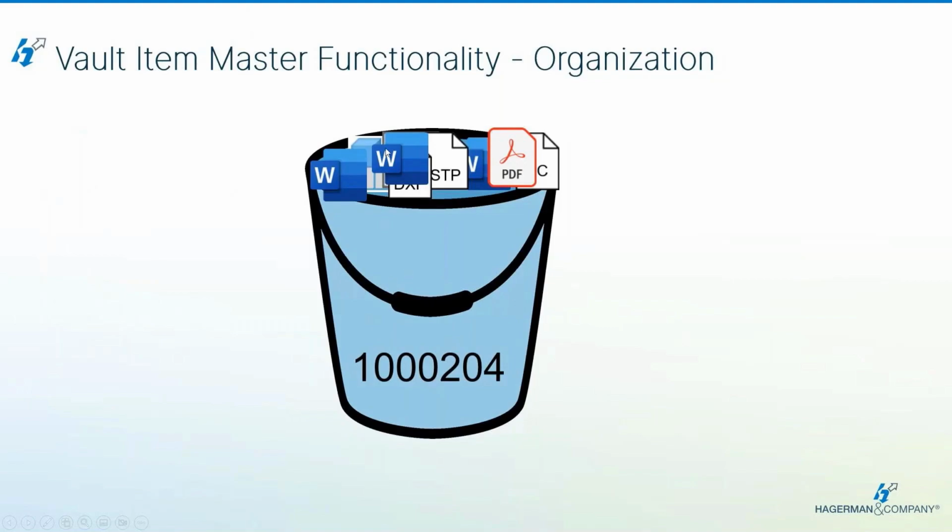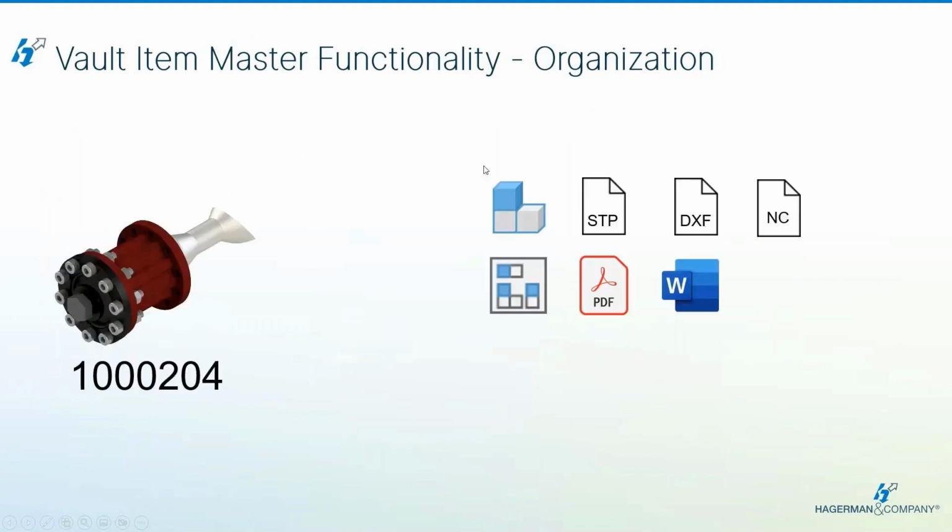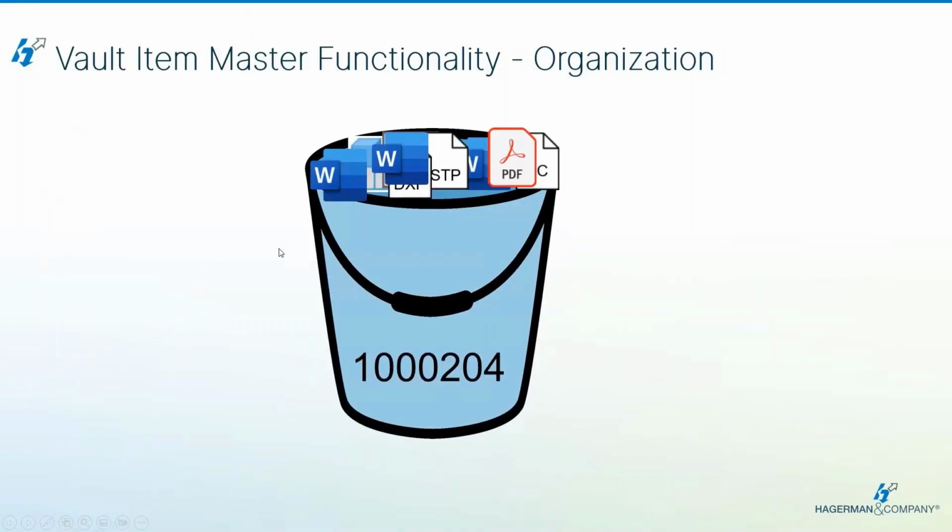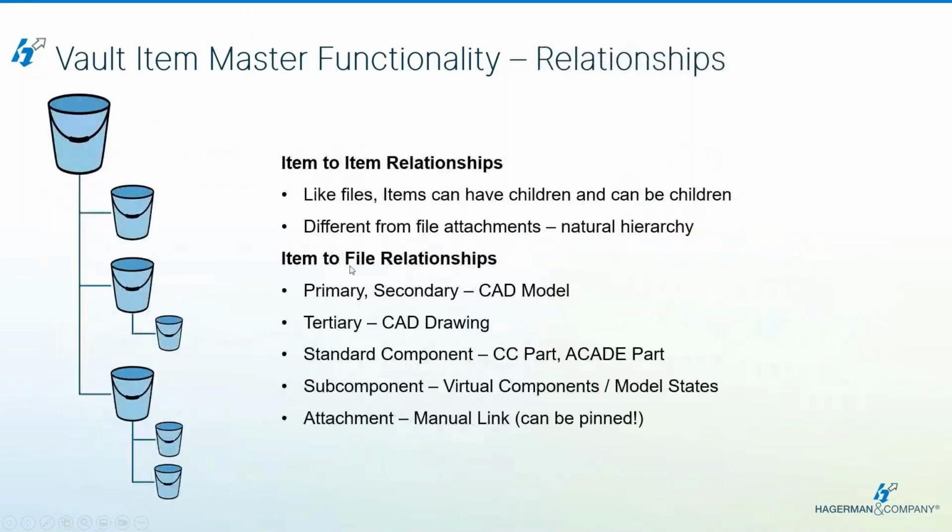But even with these file relationships, all of these various files linked to a part number, not all of these files are equally important. The CAD file really is the primary digital representation of this. It has, I would say, generally the most accurate information. And so items, when they are linked to files, have different possible types of links.